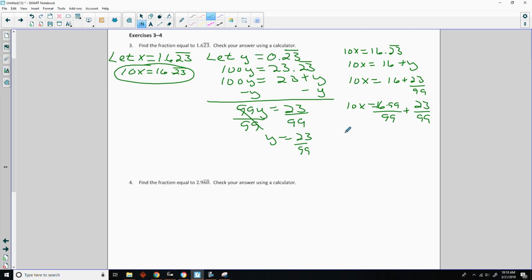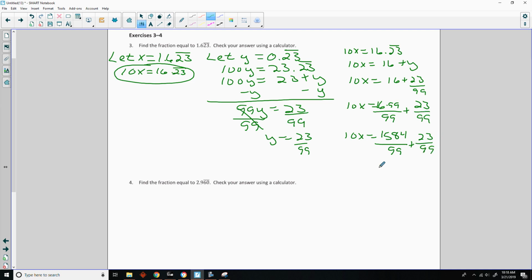So 10x equals, hey Siri, what's 99 times 16? I already know, it's 144. 99 times 16 is 1,584. 1,584 over 99 plus 23/99.